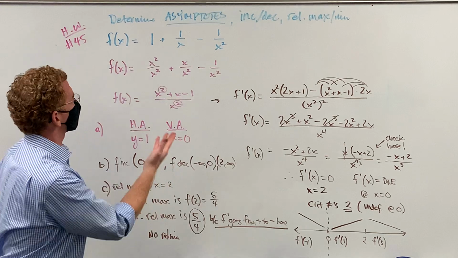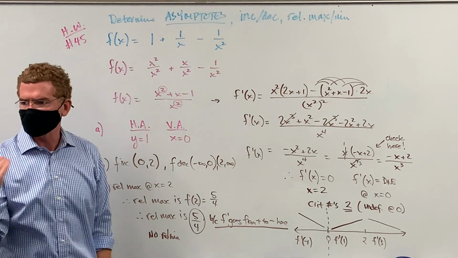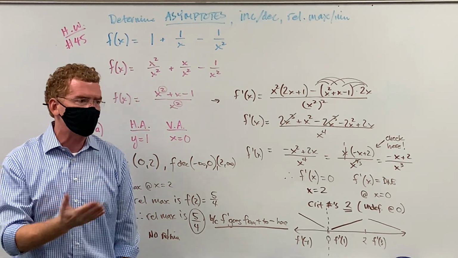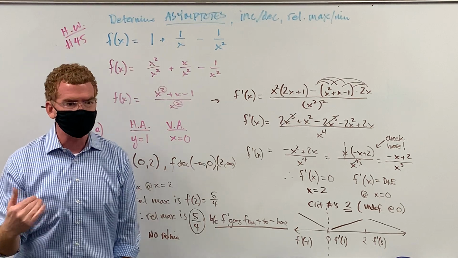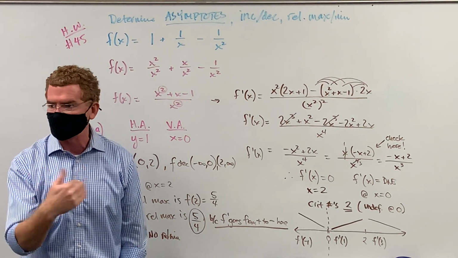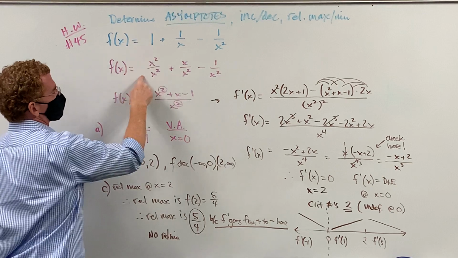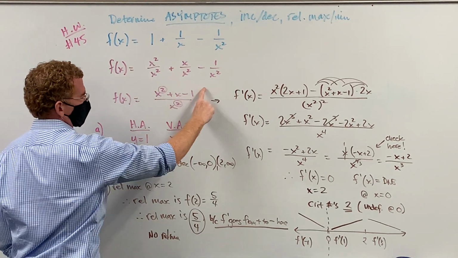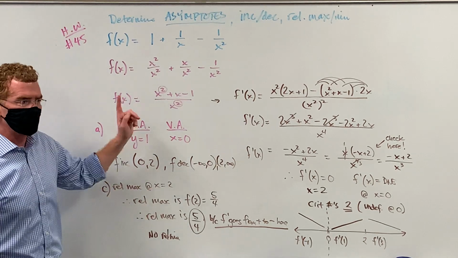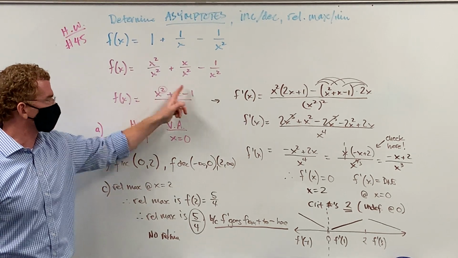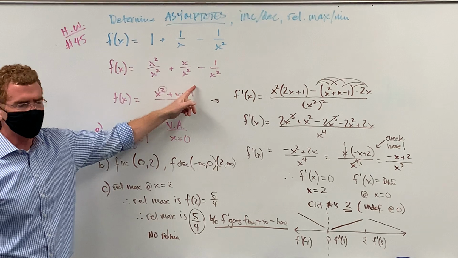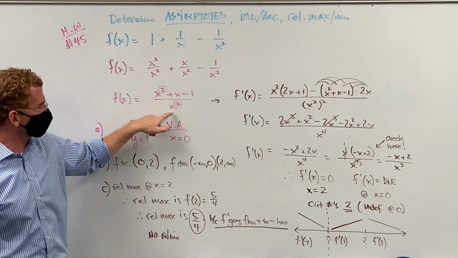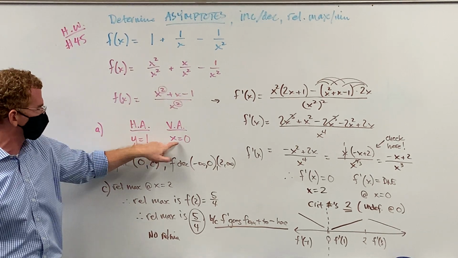Well, I don't even have a rational function yet where I can factor the denominator. So I thought the best thing might be to just change it into a rational function by adding all this together. So I rewrote that as that, brought that down, common denominator, and I got to here. So from this, I can't factor the numerator. Kind of looks like I can, but I can't. And that would tell me that there's a vertical asymptote at x equals 0.